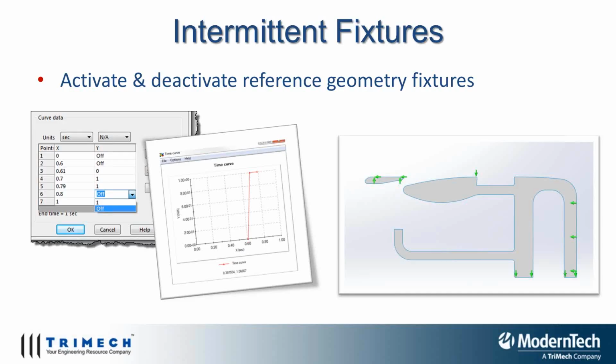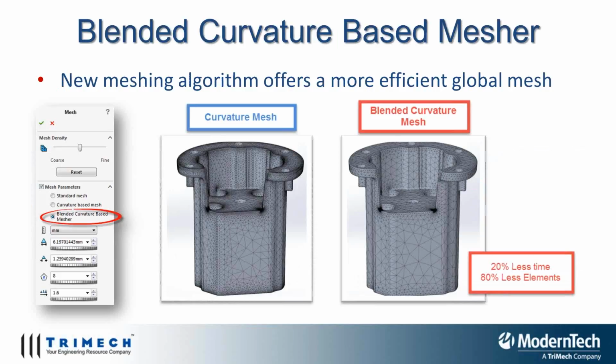Our next enhancement for the structural simulation tool is the introduction of the blended curvature-based mesher. What this means is, in the past, we've had two types of meshing algorithms, which are standard and curvature-based mesh.